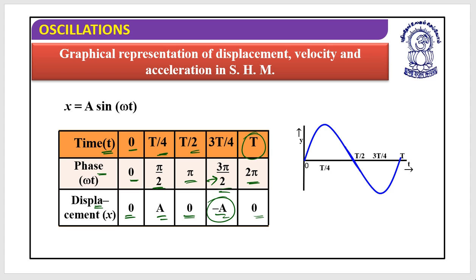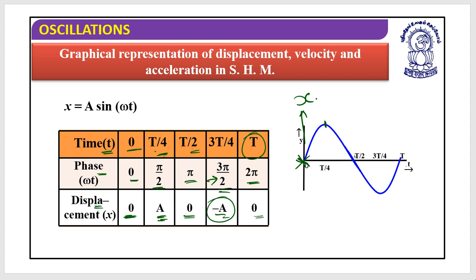So if I plot displacement versus time, on the y-axis I plot the displacement, denoted by x, and on the x-axis I denote the time. At t equal to 0, it starts its motion from 0. At t equal to T by 4, it reaches the maximum amplitude, represented here.